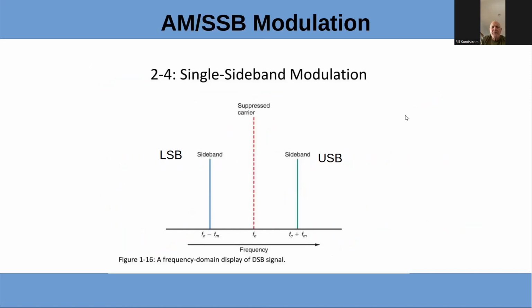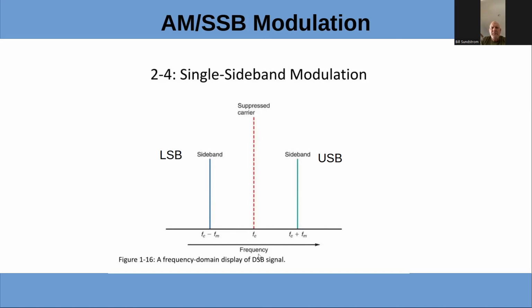Now we talked about single sideband being a special case of AM. And when you generate AM, you get a lower sideband, an upper sideband, and a carrier. For single sideband, we use a technique, usually a balanced modulator, which does not generate the carrier, just the two sidebands, and then we can filter one of them out.